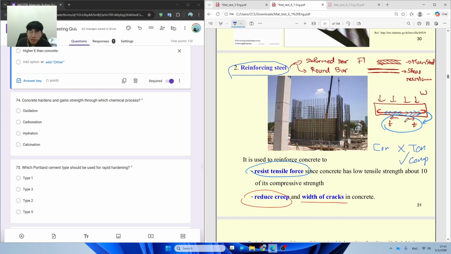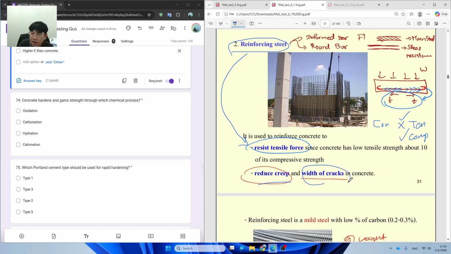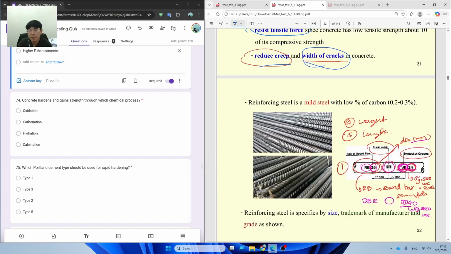So engineers reinforce the steel into the concrete in order to resist the tension. So reinforced concrete is the term for combining concrete and steel together in order to resist the tensile force in the concrete, in order to reduce the creep and prevent cracks in the concrete.